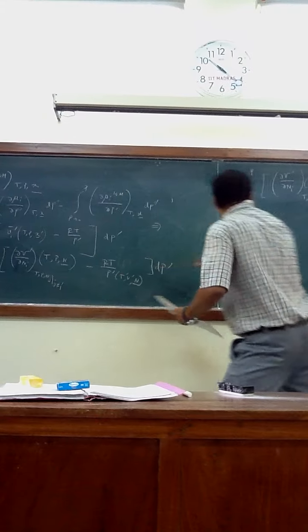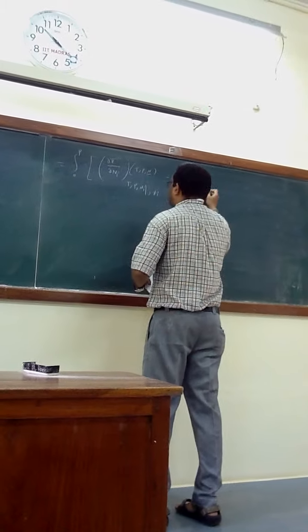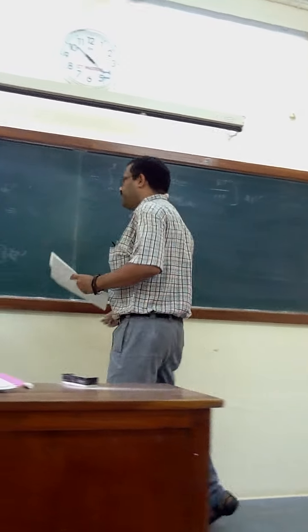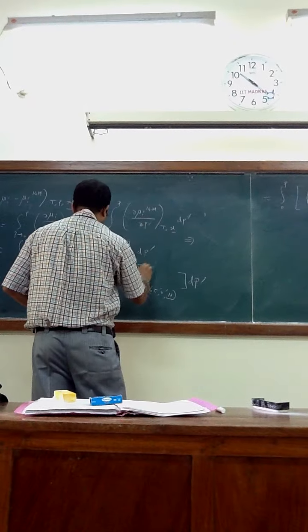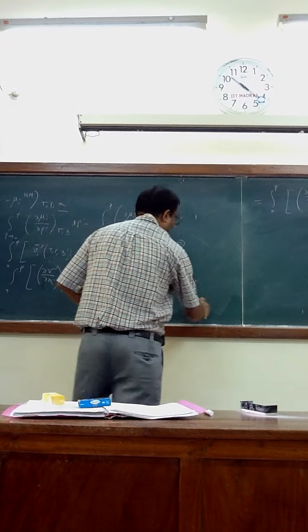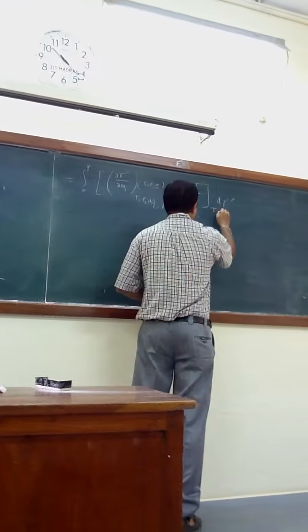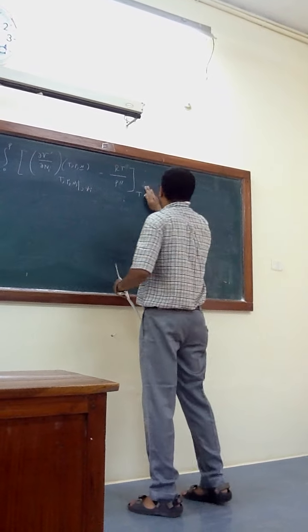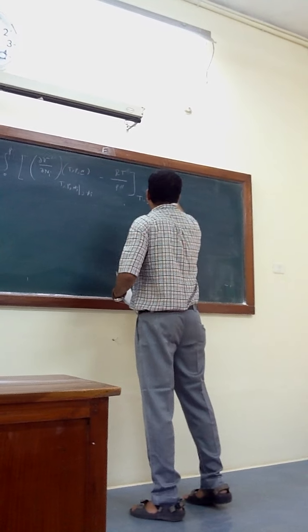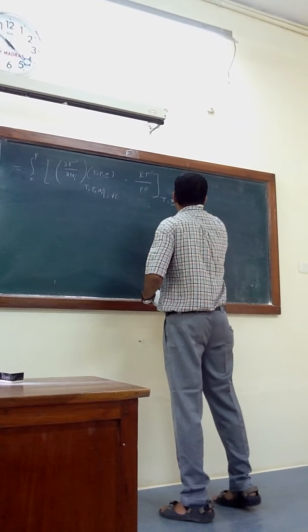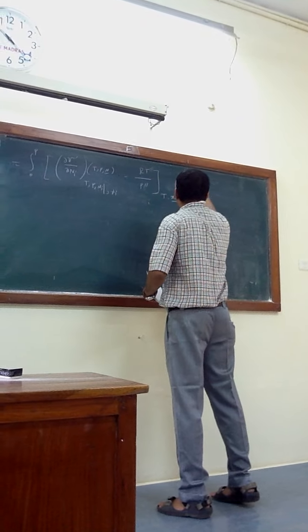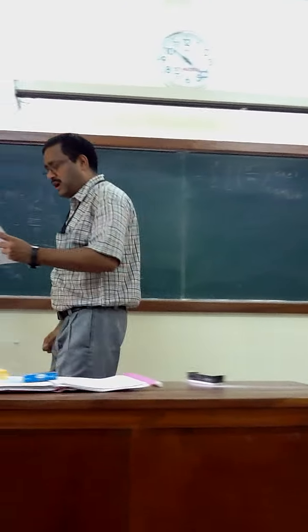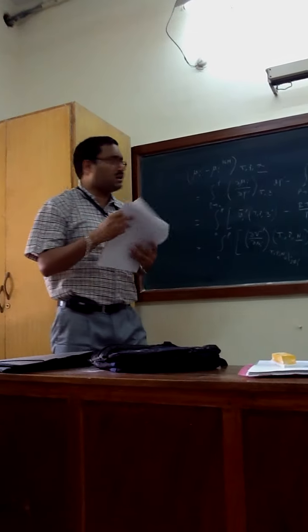Oh, sorry, P prime should be fixed actually there, and then it is dP prime. That's the complete expression. And how to make it V domain? Dou. Am I correct? Exactly what we have done in the last class.